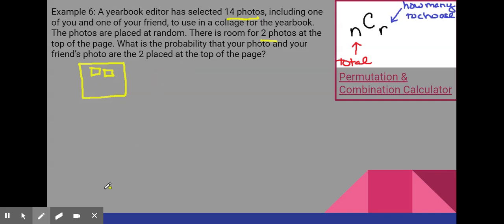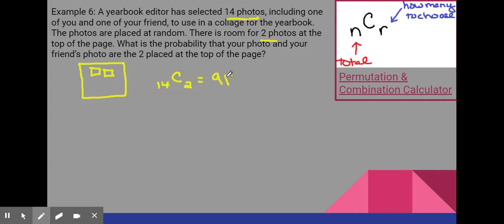So again, similar, there's 2 ways you can do this. If you use my way, there's 14 total pictures. I am choosing 2 of them. So 14 choose 2, that is 91 combinations.